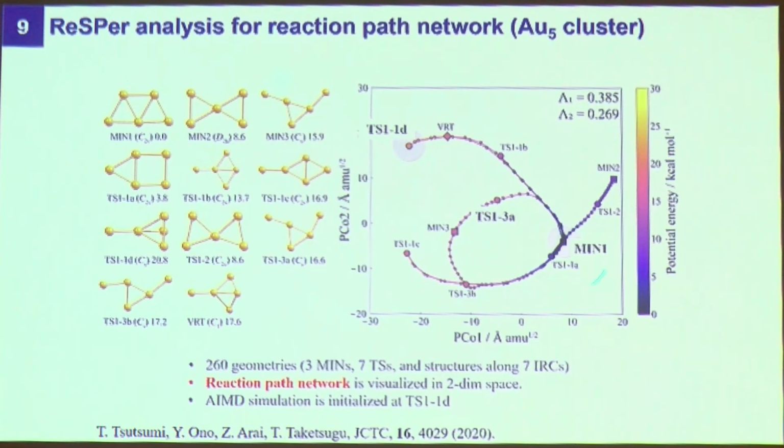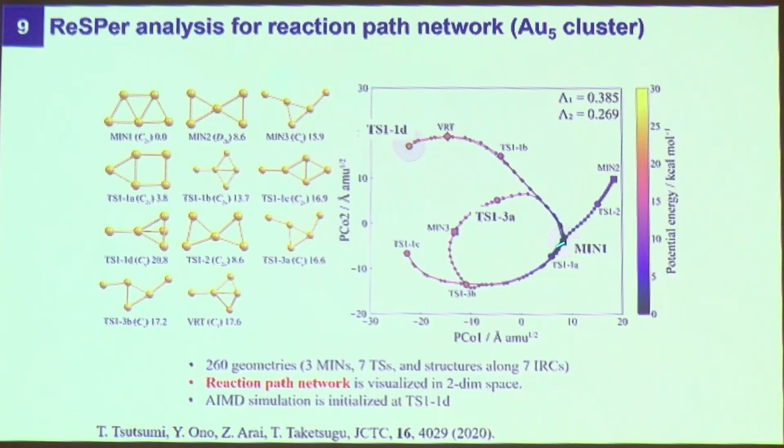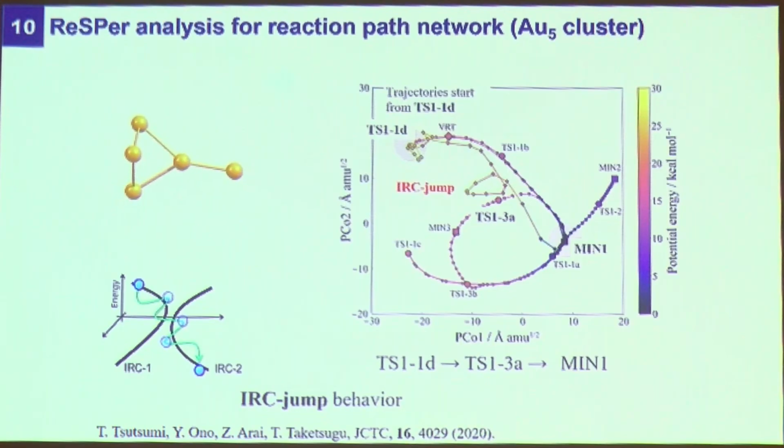This is C2V symmetry. And TS11D connects min1 and min1. So it means min1 consists of five identical gold atoms, so gold atoms are exchanged. This is a kind of reaction. Okay. And starting from TS11D, we run the trajectory like this.